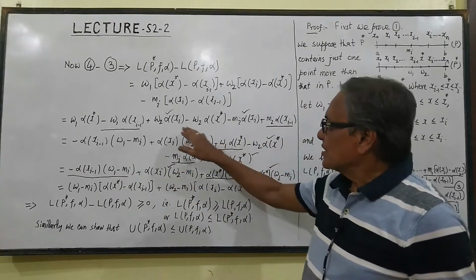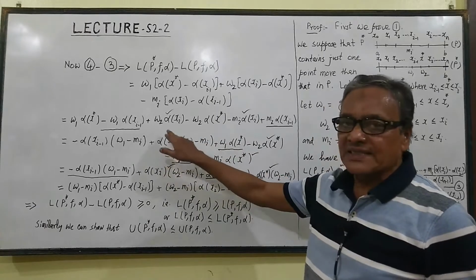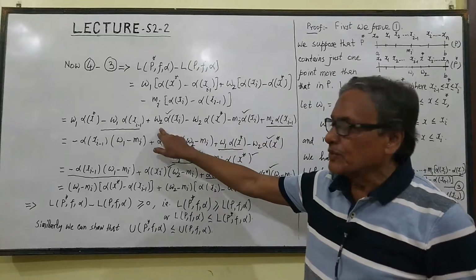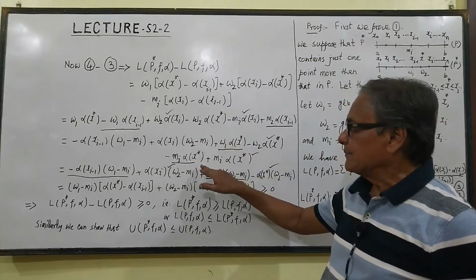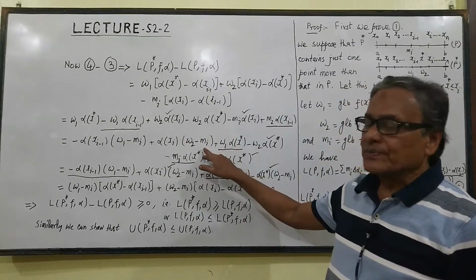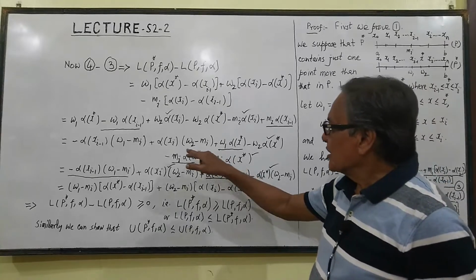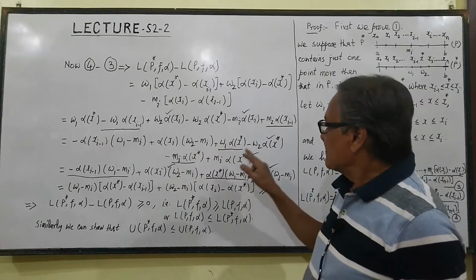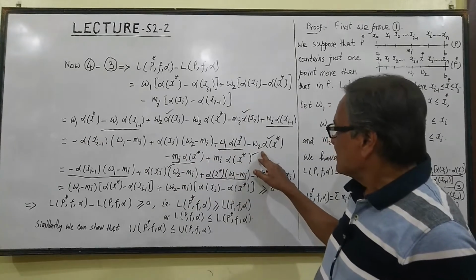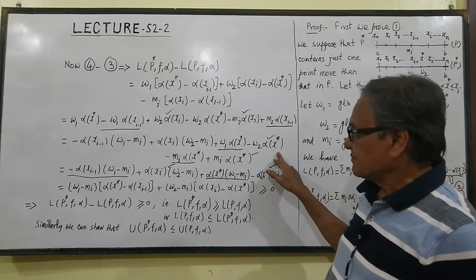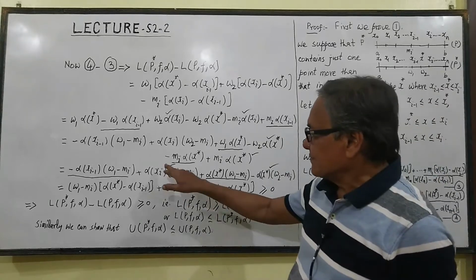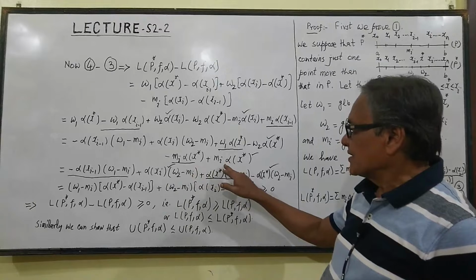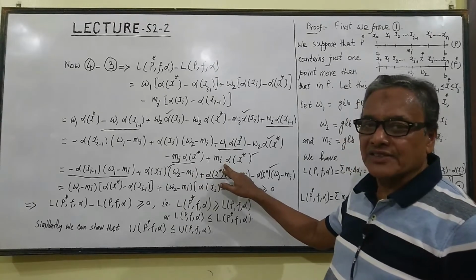And from these two terms, on taking common plus alpha xi, we will be left with W2 minus mi. Now the remaining terms are W1 alpha x star minus W2 alpha x star minus mi alpha x star plus mi alpha x star.